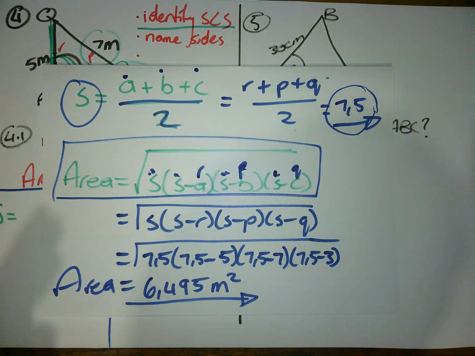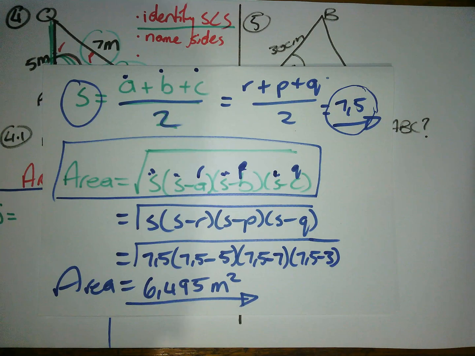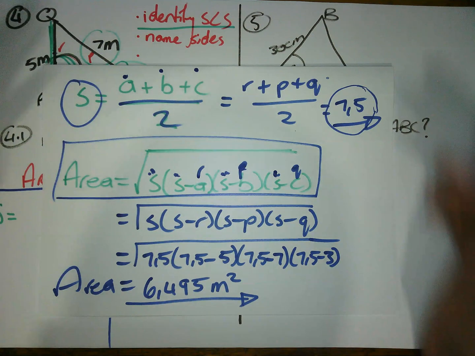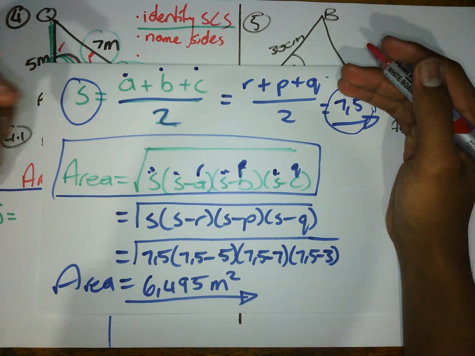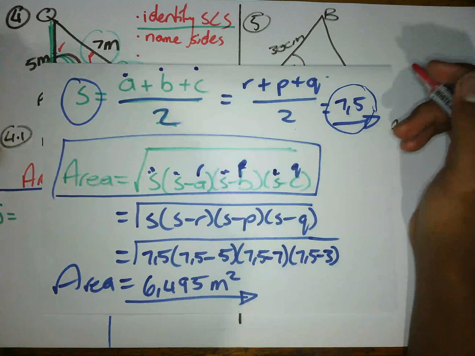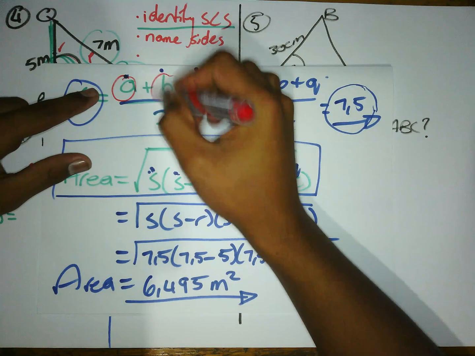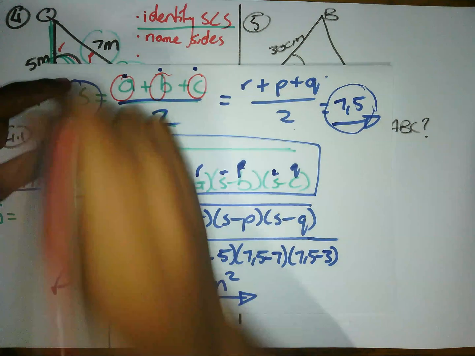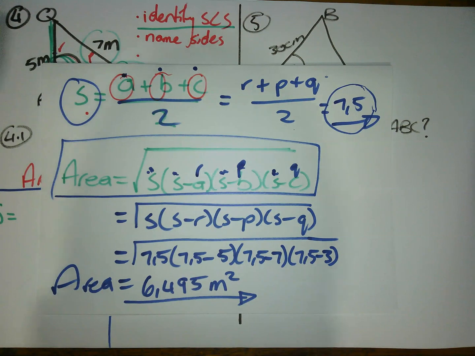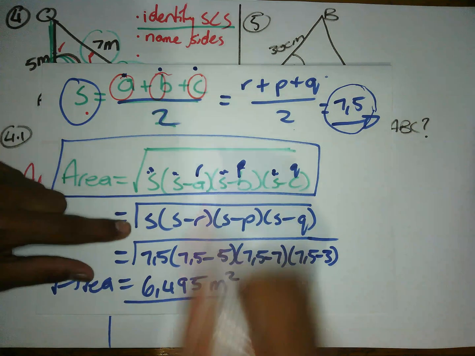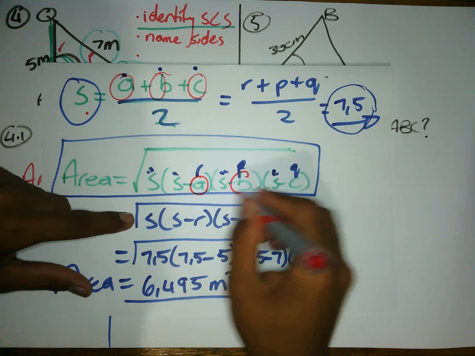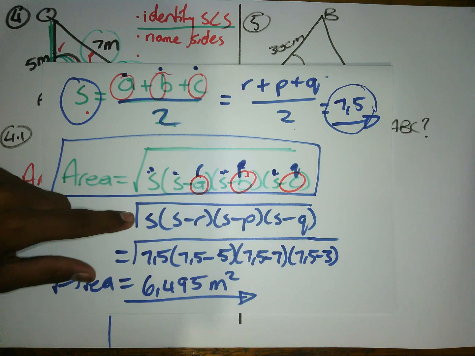Straightforward. Sorry, sir. Yes. Can you still use that? Good question. Can you use this rule if you only have two sides? No, you cannot. You need all three sides to get your S constant. You need all three sides because you need to substitute in your sides over here as well.